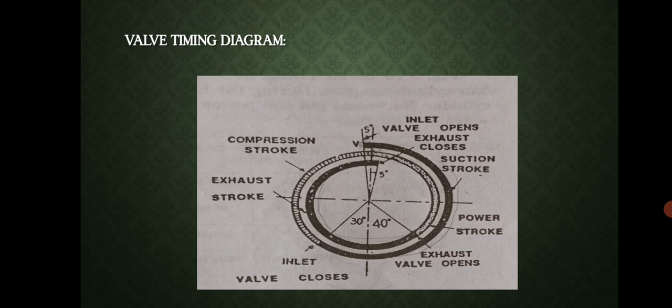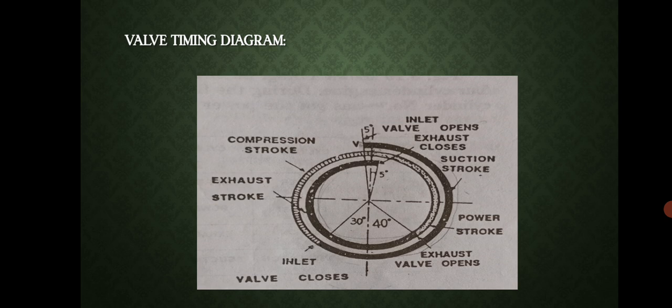Valve timing is a function of engine speed. The best valve timing for any given engine can be determined only by actual test, as it depends greatly on the design of the intake and exhaust passages.